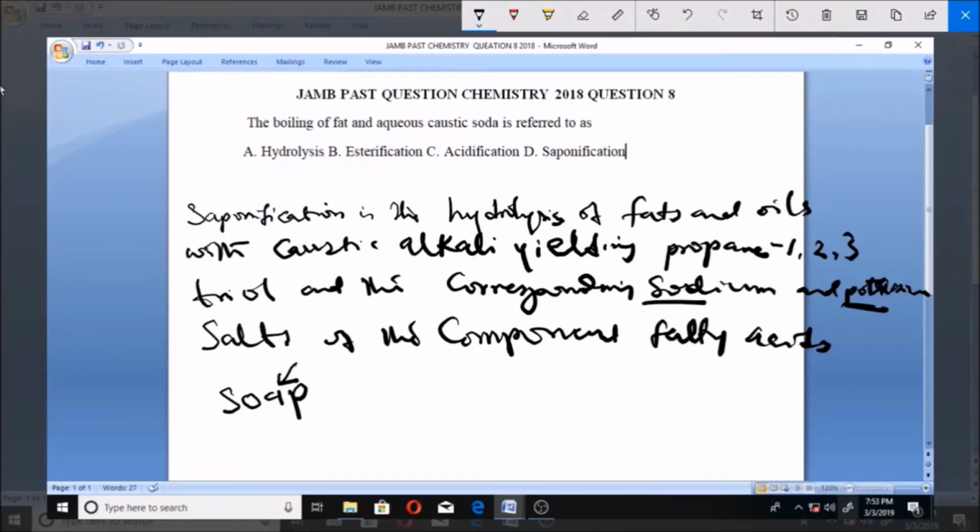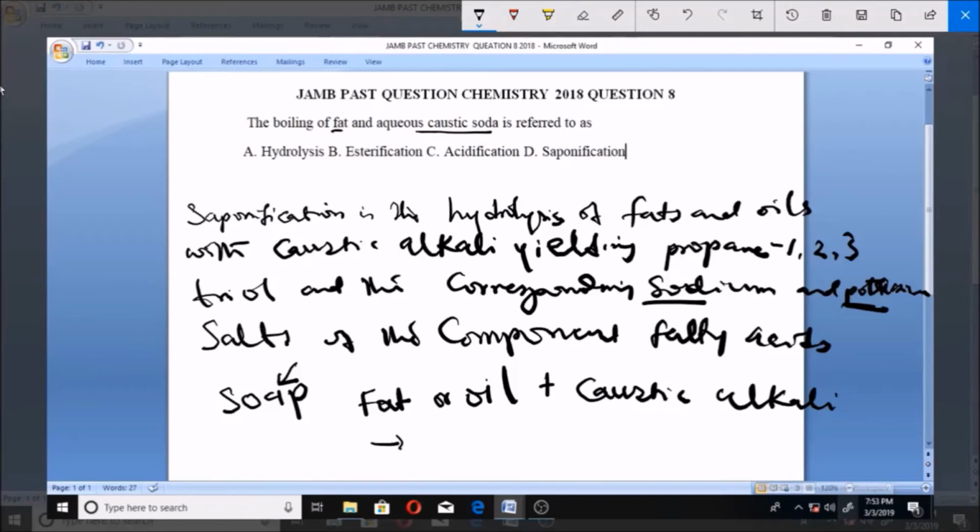So in saponification, what happens is you have your fat or oil. In this case, we are using fat. So fat or oil plus caustic alkali, in this case caustic soda, aqueous caustic soda. If you have these two combined, you're going to have soap.